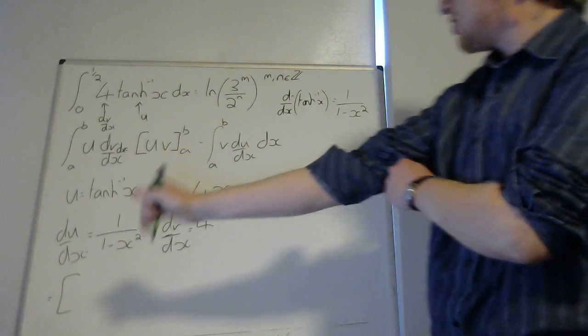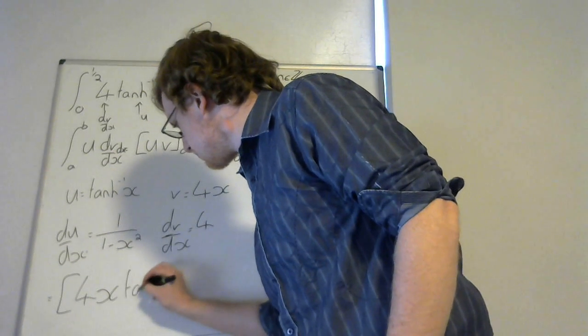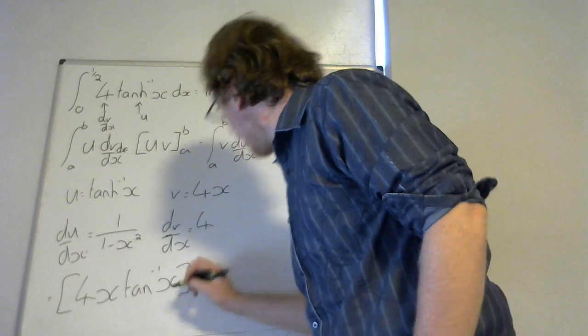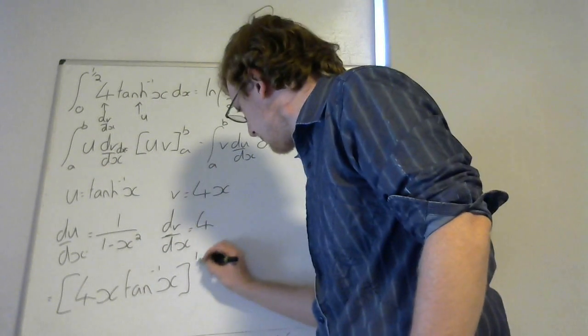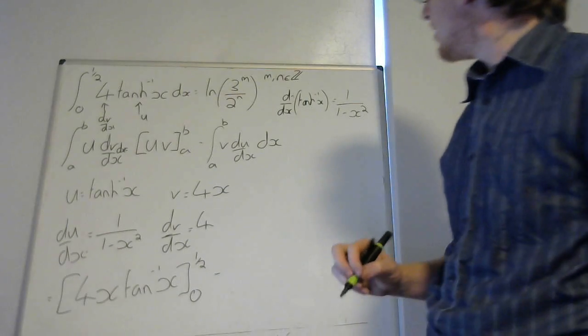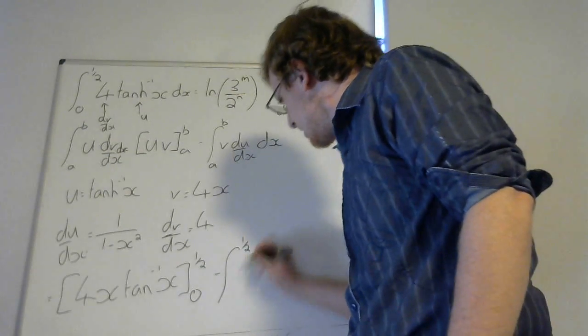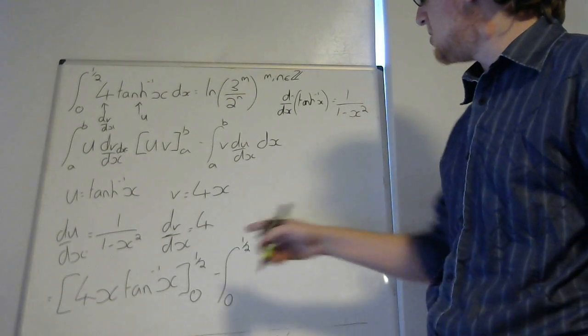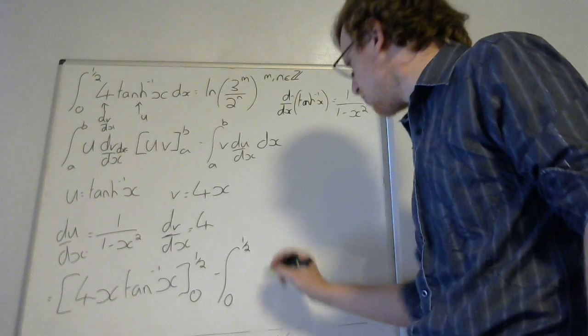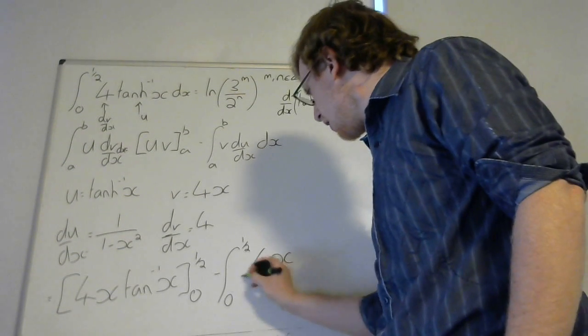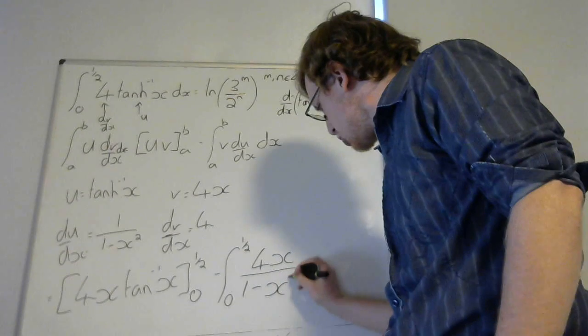So the integral equals uv, so 4x times the inverse tan of x between a half and 0, minus the integral between a half and 0 of v du dx dx, so 4x over 1 minus x squared.